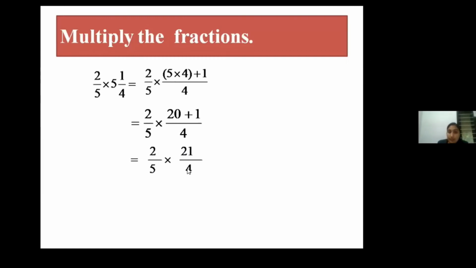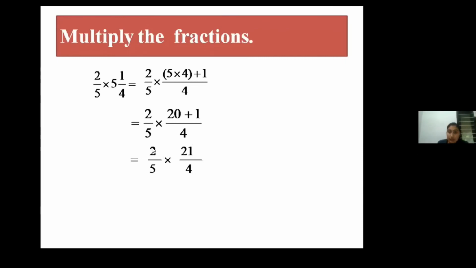Here is multiplication of two fractions. So we have to find the product of numerators by product of denominators. In the fraction 2 by 5, 2 is the numerator and 5 is the denominator. In the fraction 21 by 4, 21 is the numerator and 4 is the denominator.